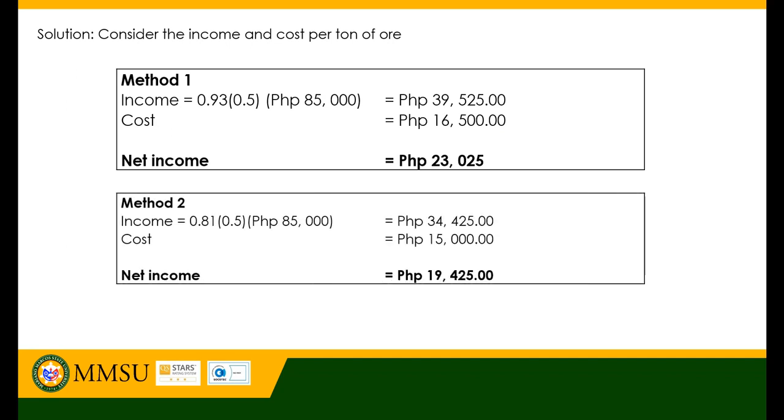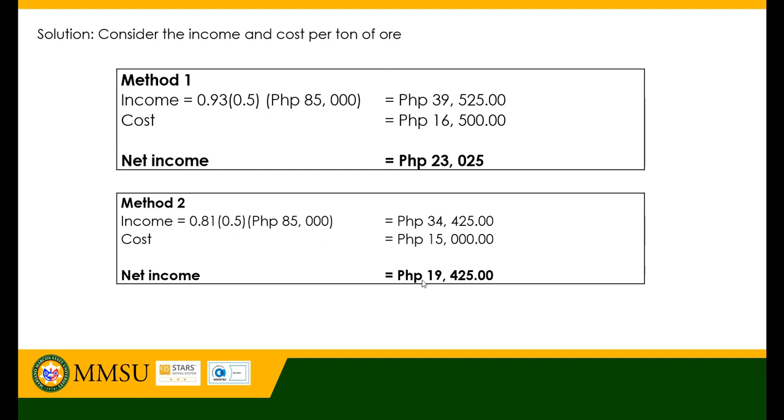Method 2, income natin. So the same principle. 0.81 lang ng 0.5 grams ang ma-extract natin per ore. Ibebenta natin ng 85,000 pesos per gram. Ang kikitain lang natin ay 34,425 pesos. So ang gastos natin para ma-extract yung gold na yan using method 2 is 15,000 pesos.